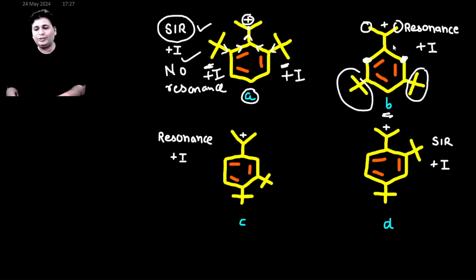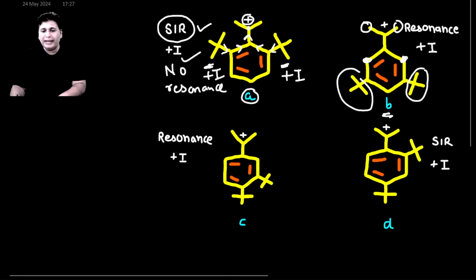You will make the resonating structures. As you keep the plus charge, as you draw the resonating structures, I have told you how to draw them. You will see that 3 resonating structures you can make by delocalizing the charge inside the ring, and you see the plus charge is now distributed, spread, delocalized, and it gives stability.